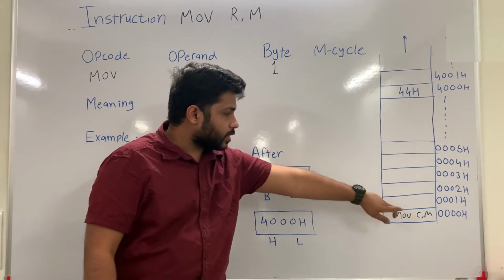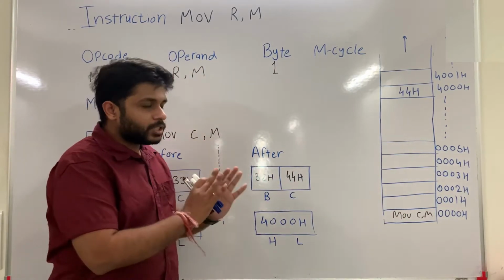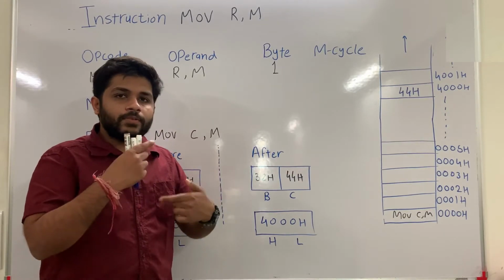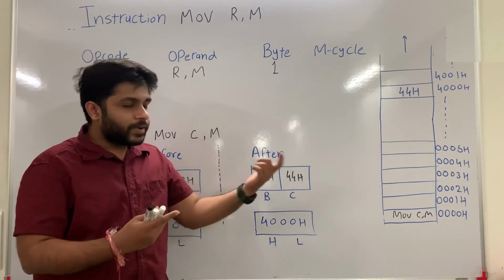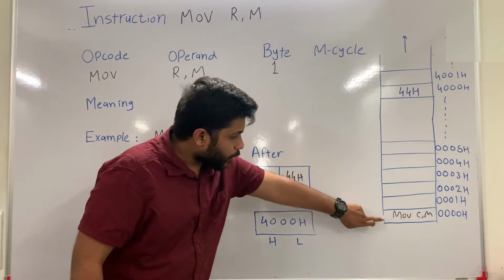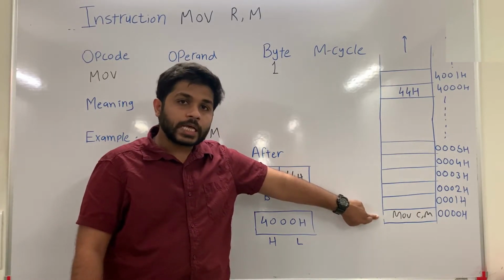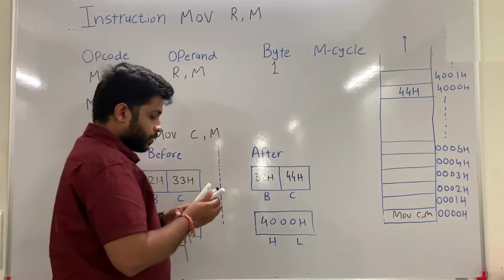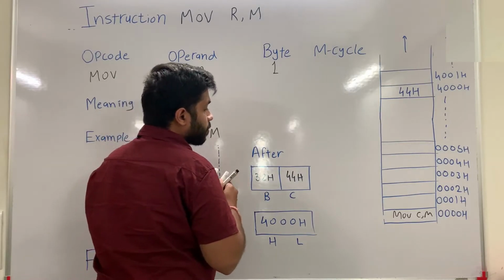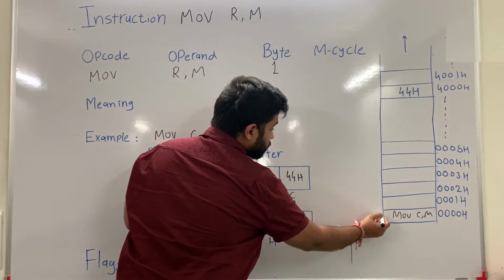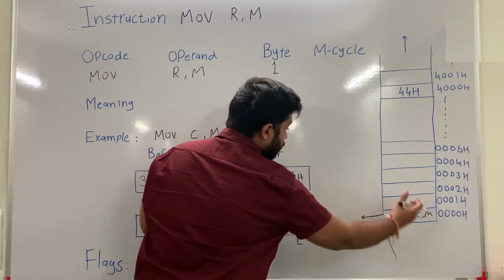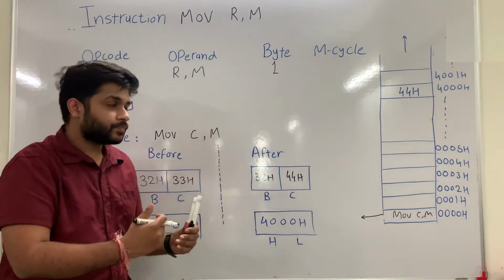So in the first location, the instruction is stored. After the instruction is stored, the processor will fetch, decode and execute. To fetch the instruction, the processor has to execute a machine cycle, that is opcode fetch. When the processor performs opcode fetch, the instruction is moved from the memory location to the microprocessor.